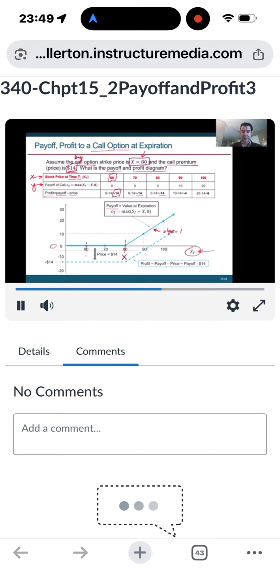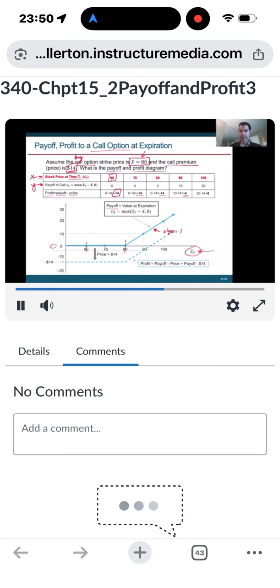So at 60, I'm going to go down to minus 14. That would be that point there, right? At 70, it's also minus 14. At 80, it's minus 14. At 90, it's minus 4. And at 100, that's where I'm making $6. Okay. So I can draw that picture.